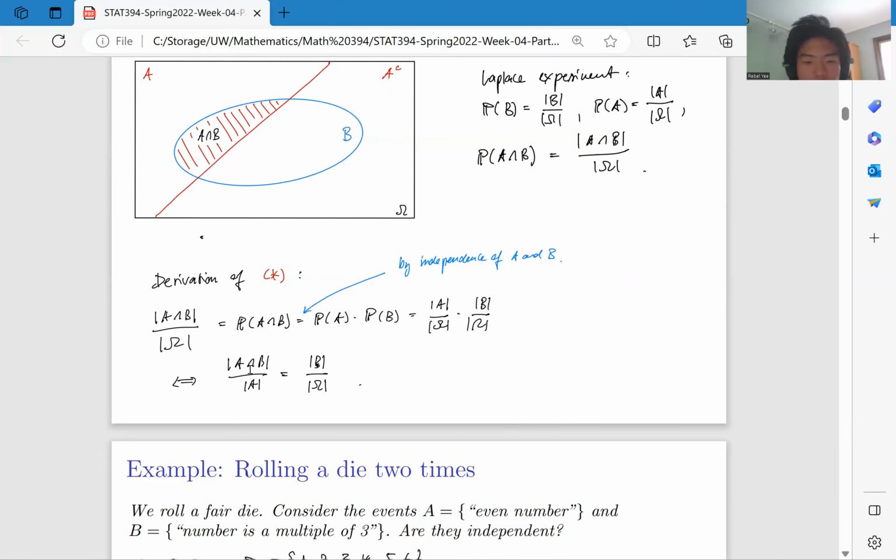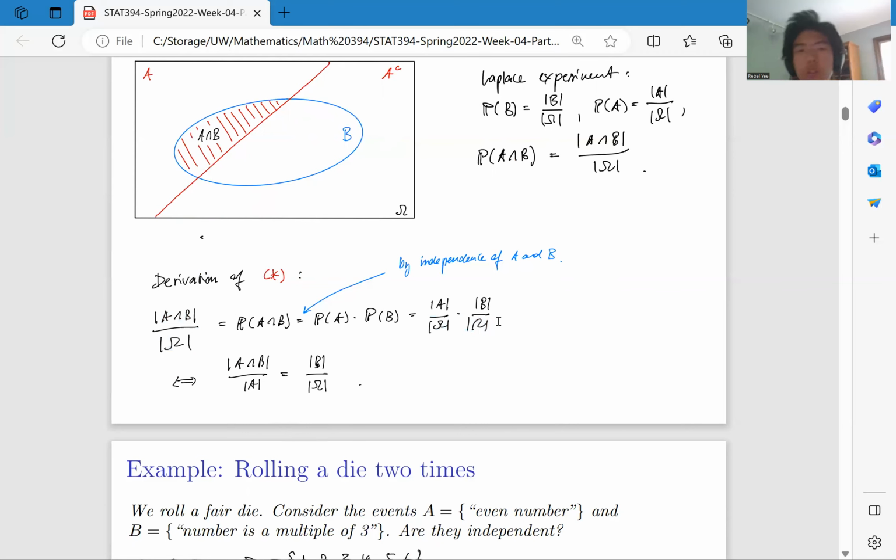And if we divide the whole term by the cardinality of omega squared, this term becomes A intersection B divided by omega, and this term, because we divided by omega squared, has two omegas in the denominator, and the numerator is A times B. So it's this term.